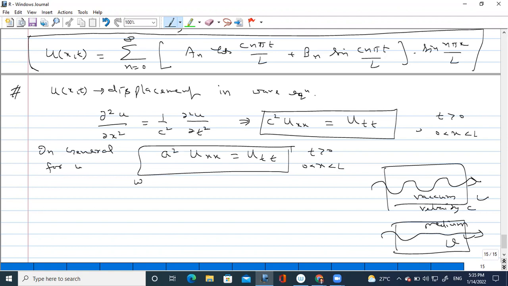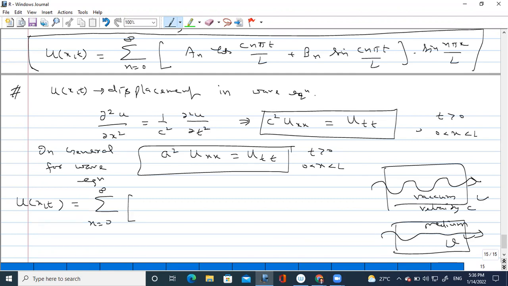For this wave equation, my answer will be u(x,t) equal to summation n equal to 0 to infinity.